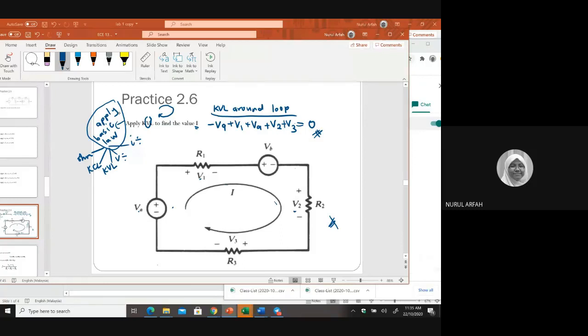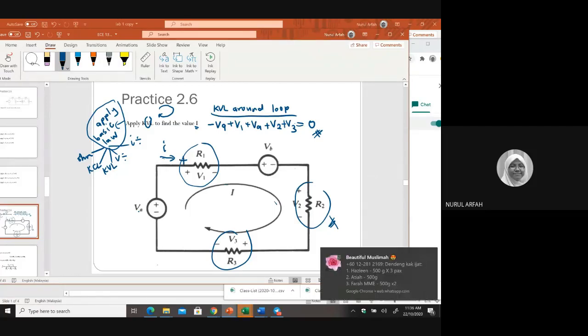Ohm's law, where? Somewhere with the resistor value, right? Something like in here, so you can apply that. The current is entering. This is the passive sign convention. Current should enter a passive element at the positive polarity.